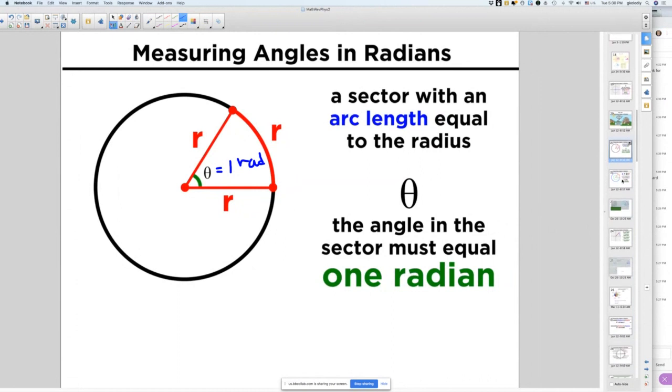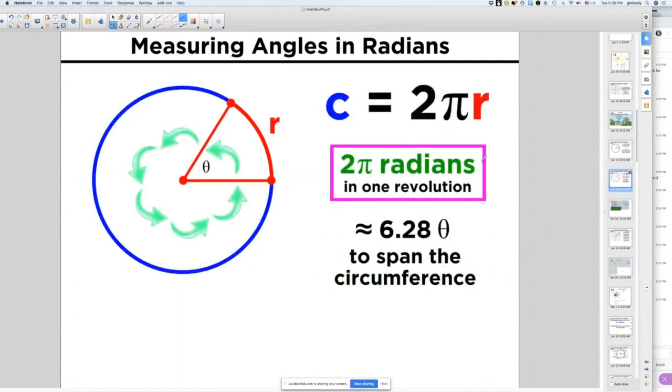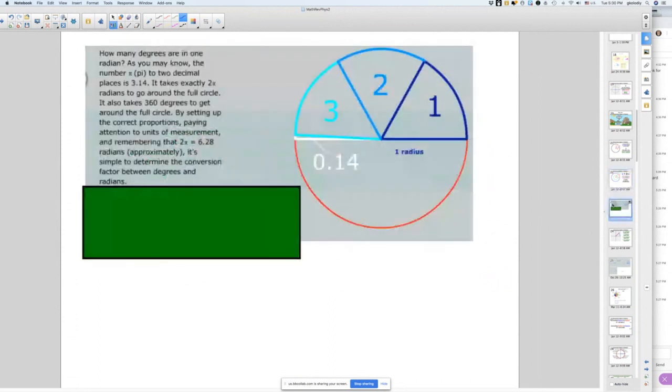How many of these radians would be in a circle? Well, you know already that it's 2 pi radians, or approximately 6.28 radians to span the circumference of a circle. Let me just show you this here. To go half a circle, this is a radian, it's another radian, it's another radian. It's a little bit more than 3 radians.